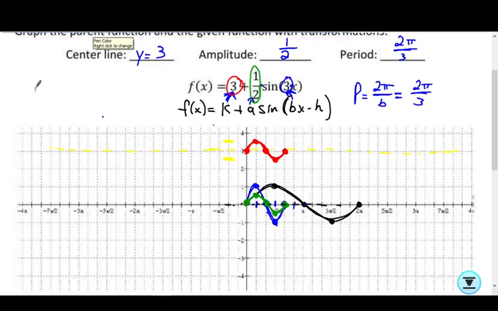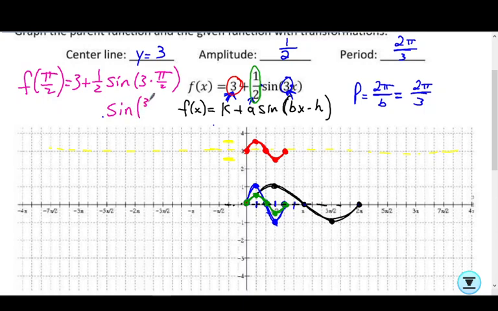So for instance, if I pick f of pi over 2, I'm going to plug in pi over 2 into my function and see what happens. 3 times pi over 2. So this is sine of 3 pi over 2, because 3 times pi over 2 is 3 pi over 2.